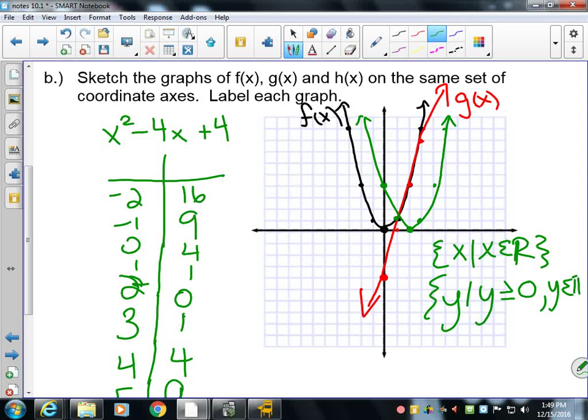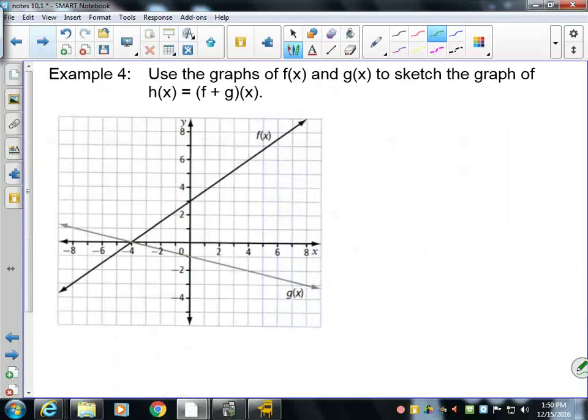And realistically, when we add the ranges of the two original ones, the intersection is y is greater than 0. Okay? Is there more? Sometimes they're rude and don't give you the equation, so you have to actually do it in your head.